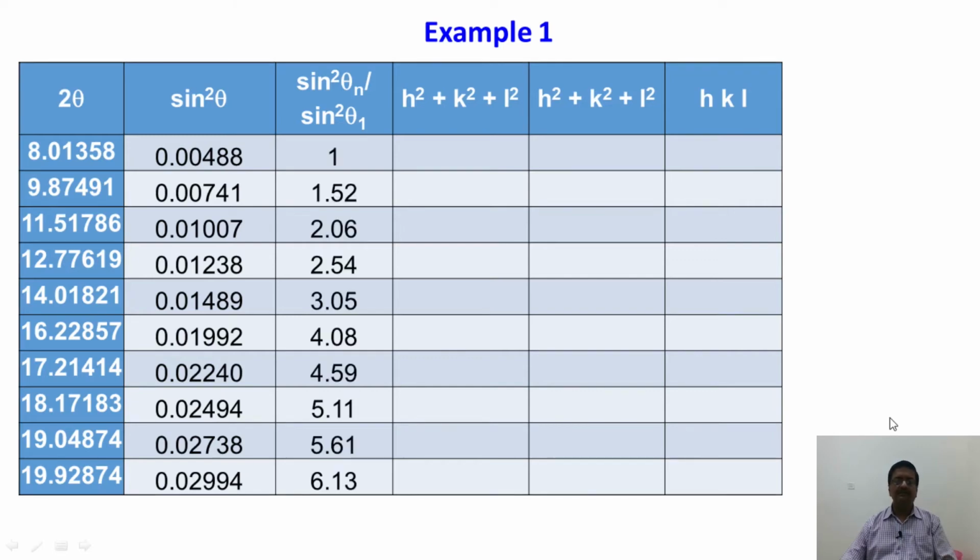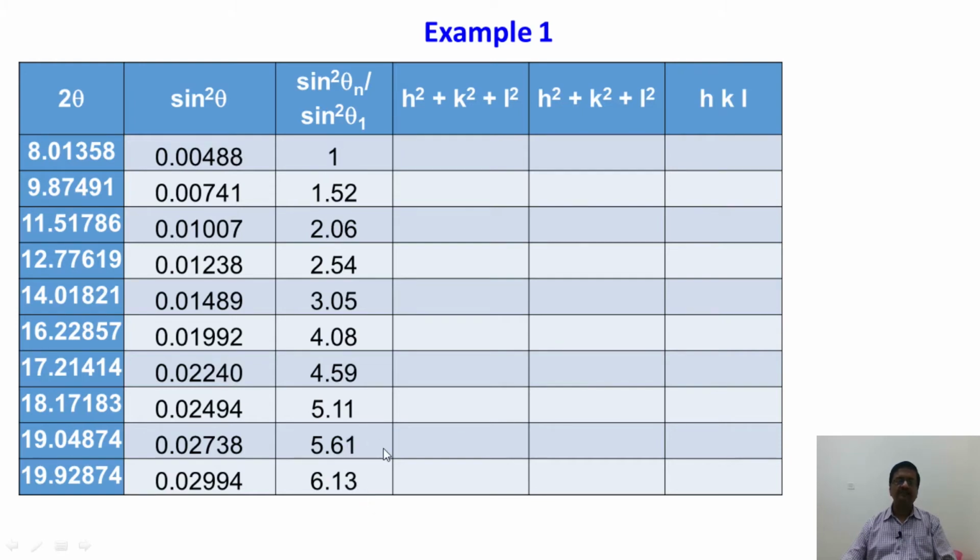We divide all these numbers by the first number always. That means sin square theta 1 is divided by sin square theta 1, sin square theta 2 is divided by sin square theta 1, sin square theta 3 is divided by sin square theta 1, and so on, and we generate these numbers.